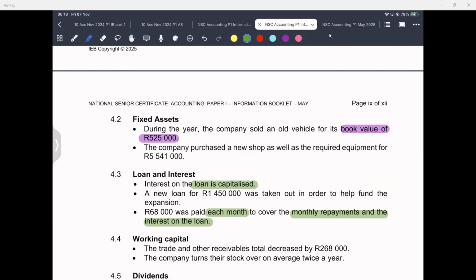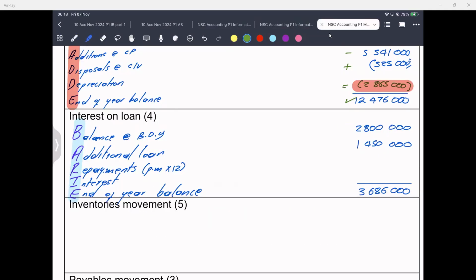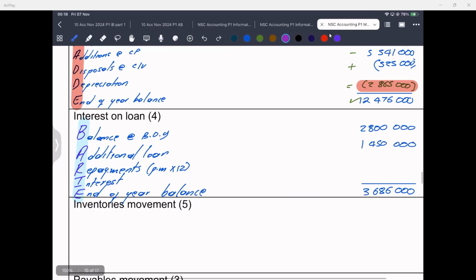Please note that interest will factor itself out. So you write those repayments, including interest, over here. So the repayments amount to 68,000 rand. We are going to have 12 of these repayments.